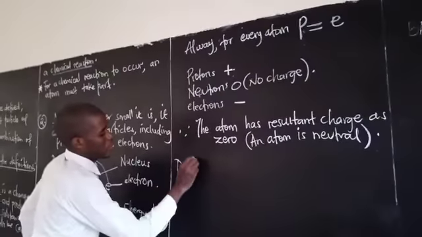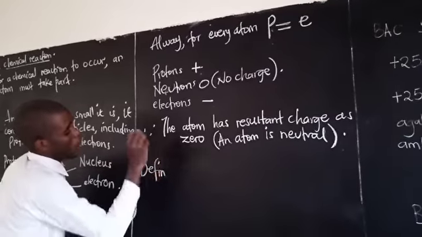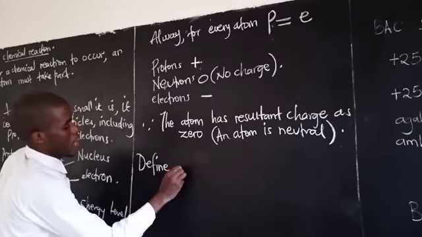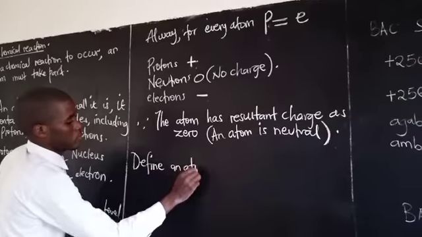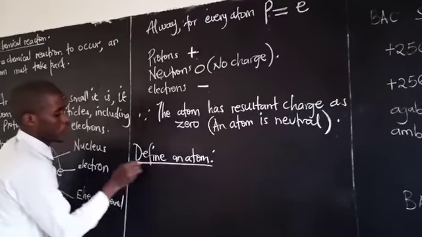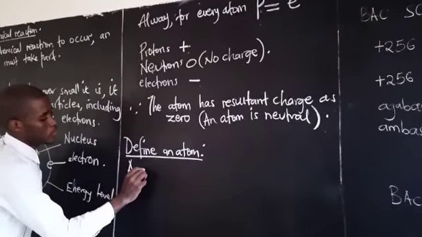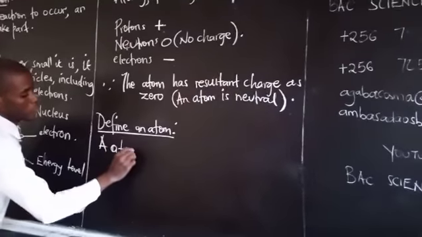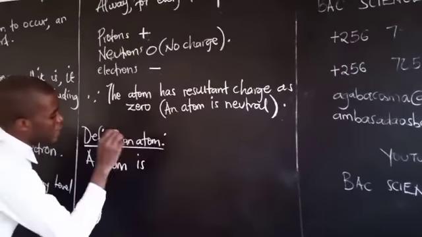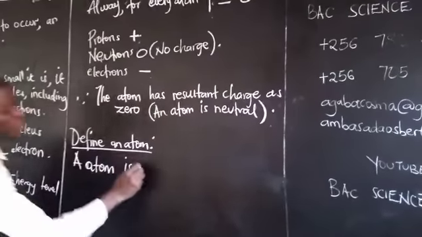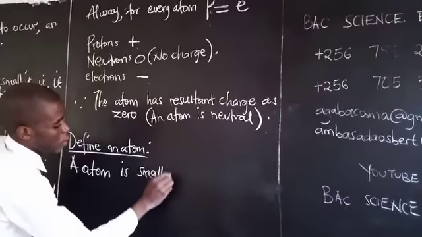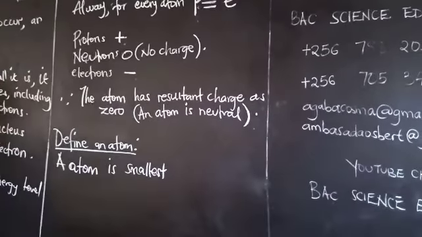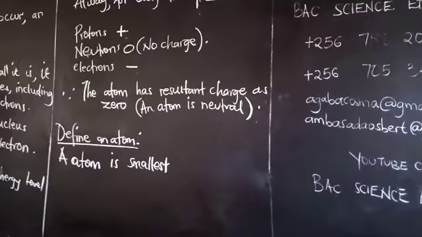How can we define an atom? An atom will be defined as the smallest. We are now maintaining our word smallest from the definition that we already know.